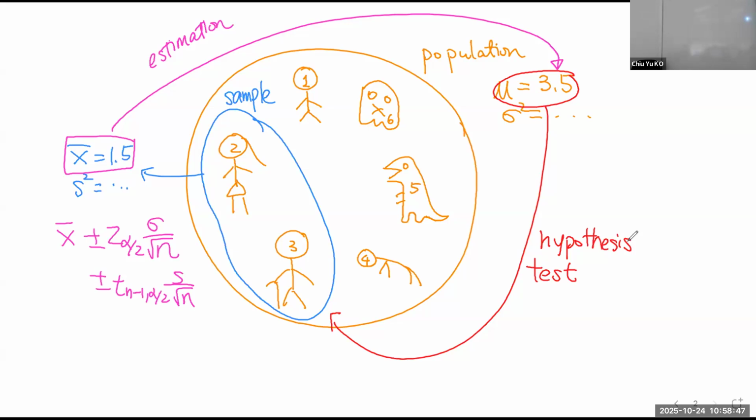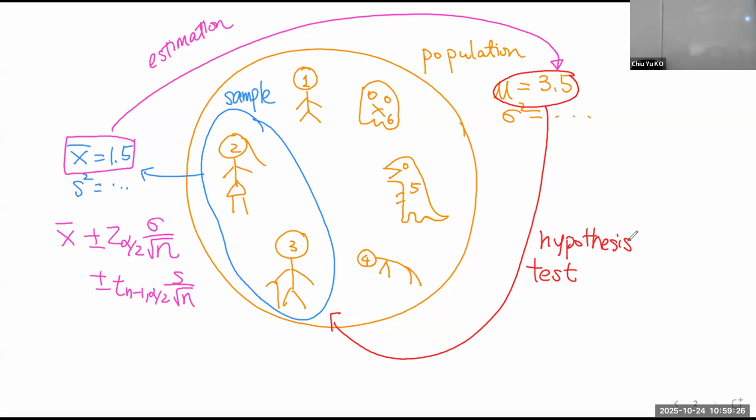The court system is indeed hypothesis testing. Why? A defendant in the court, in the beginning, in the British system, as far as I understand, is assumed to be not guilty. And you would have to have evidence beyond reasonable doubt to say that he is guilty of the crime he is accused of.